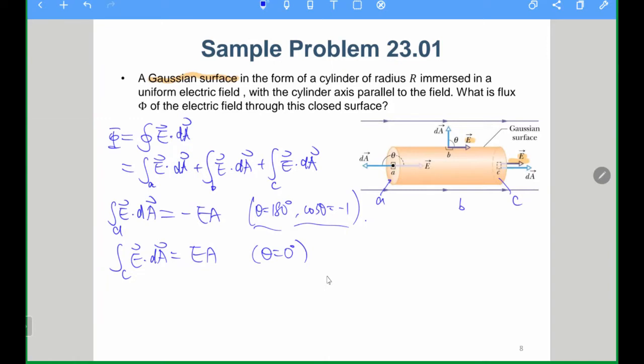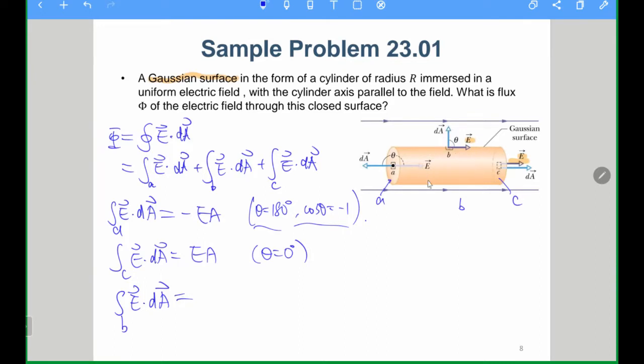The last part is part B: the integration over surface B of E dot dA. E is pointing to the right side and dA is perpendicular to the surface.